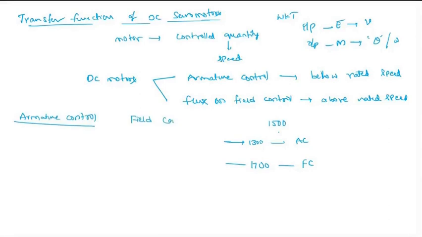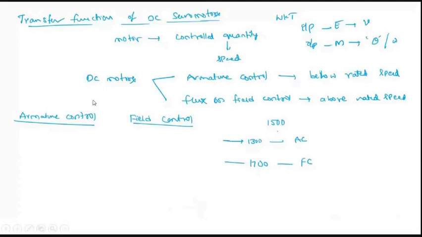Can anyone explain armature control, how to control the speed of a motor by using the armature control method? In armature control, the first and foremost thing, and this is a very important precaution, is that the field current is kept constant.